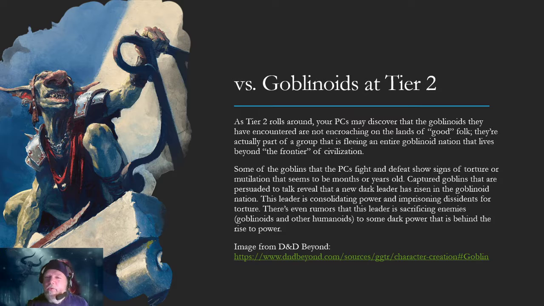So, some of the goblins the PCs fight in Tier 2, they may show signs of torture or even mutilation that seems to be months or years old. And you capture a few of them and you question them, and they're going to tell you that a dark new leader has risen in the Goblinoid nation.